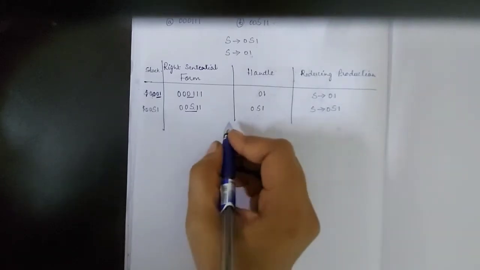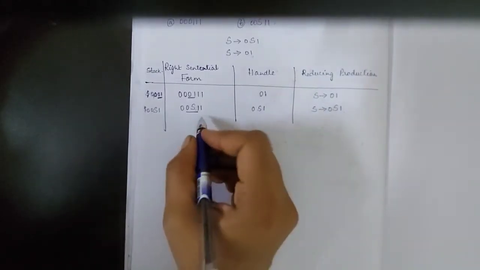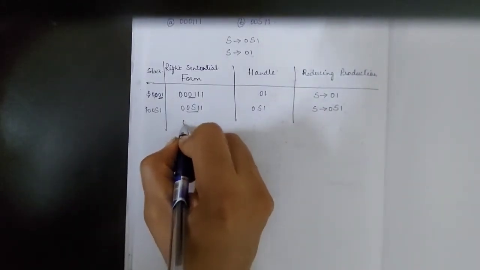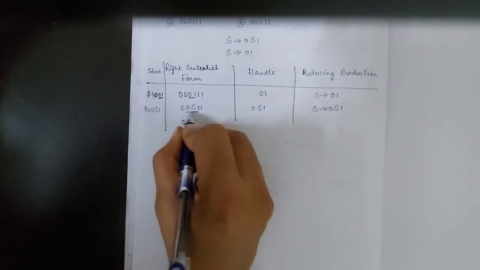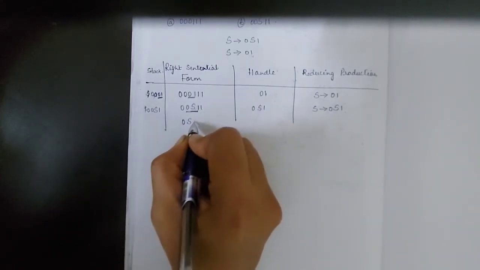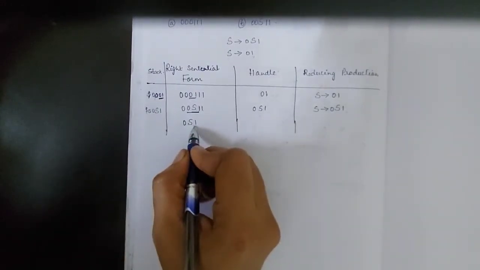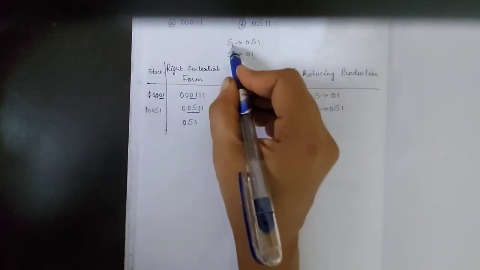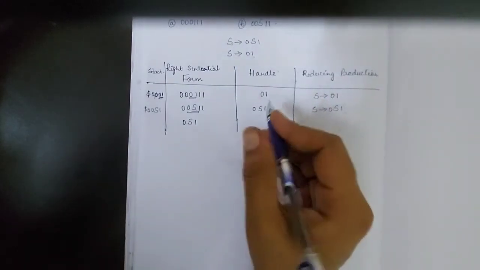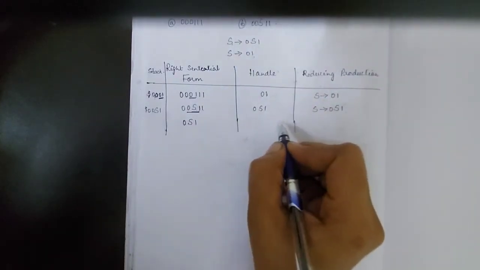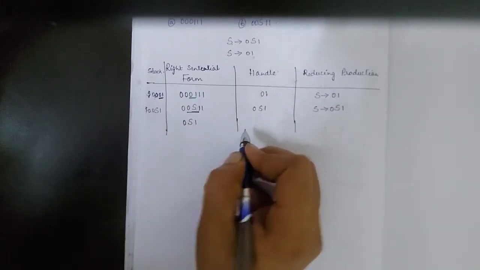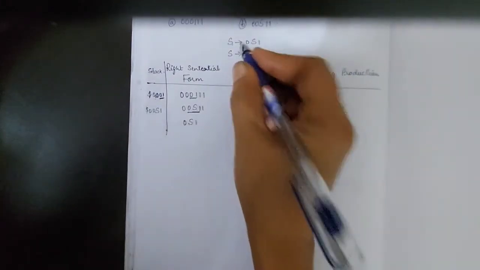Now this can be replaced further. We can write it as 0, this is replaced by S, and the remaining 1 we have written. Now this can be further reduced to S. There is no need for us to write it over here, as it has been understood that we will be getting the starting symbol.